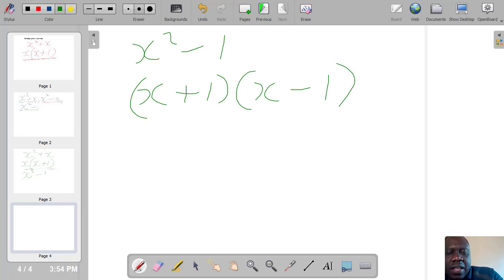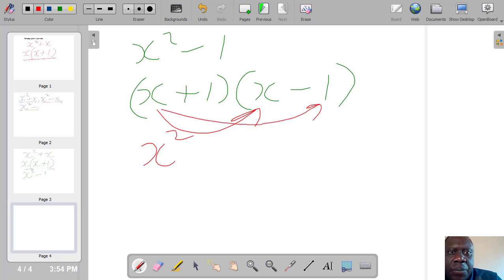If you want to try that to prove if it's right, you could multiply this x with that x. You're going to have x squared, then you multiply this x with minus 1. A positive multiplied by a negative will be a negative number, so you're going to have minus x, and then you're going to have this one multiplied by this x, and you're going to have another x.